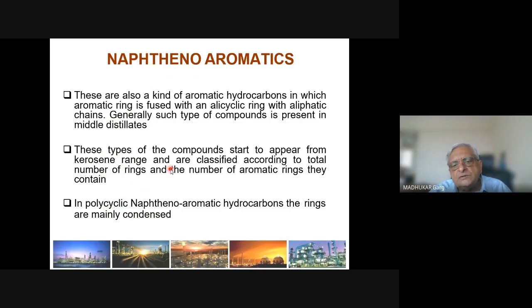In addition to having two fused rings of benzene, there are also aromatics present with a naphthene ring along with the aromatic ring. So that is something like indane. Indanes are hydrocarbons where you have a benzene ring with a side ring of cycloparaffin fused together.